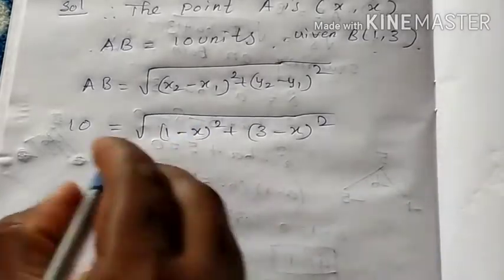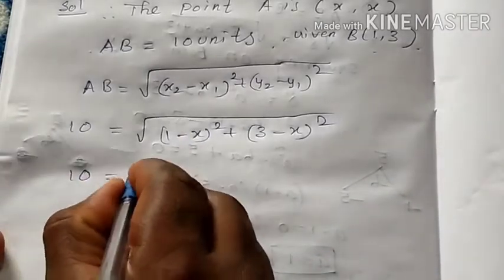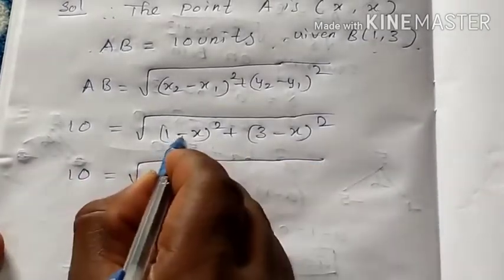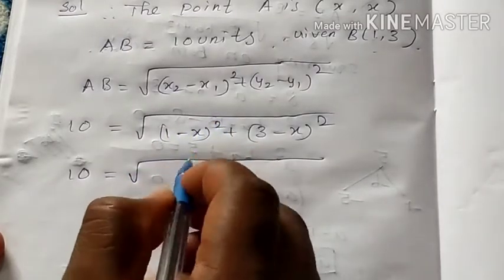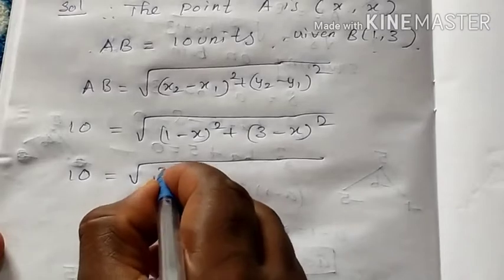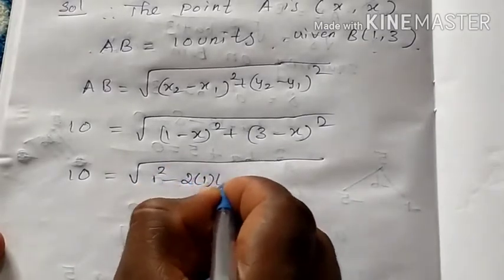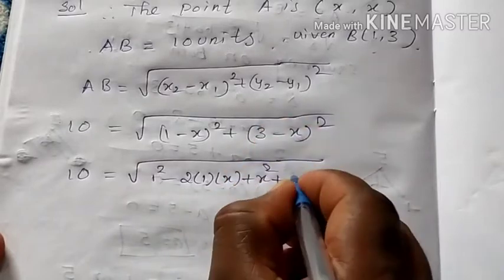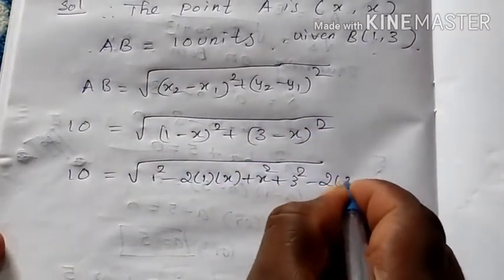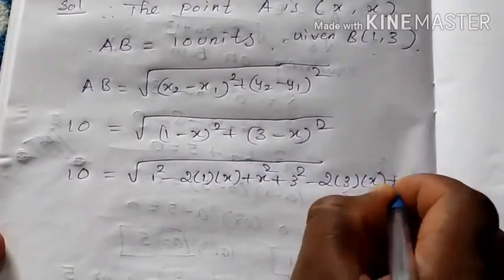So carefully substitute the values. 10 is equal to the square root of, this looks like the (a minus b) whole squared format. So expand the identity: a square minus 2ab plus b square, in the same manner here.